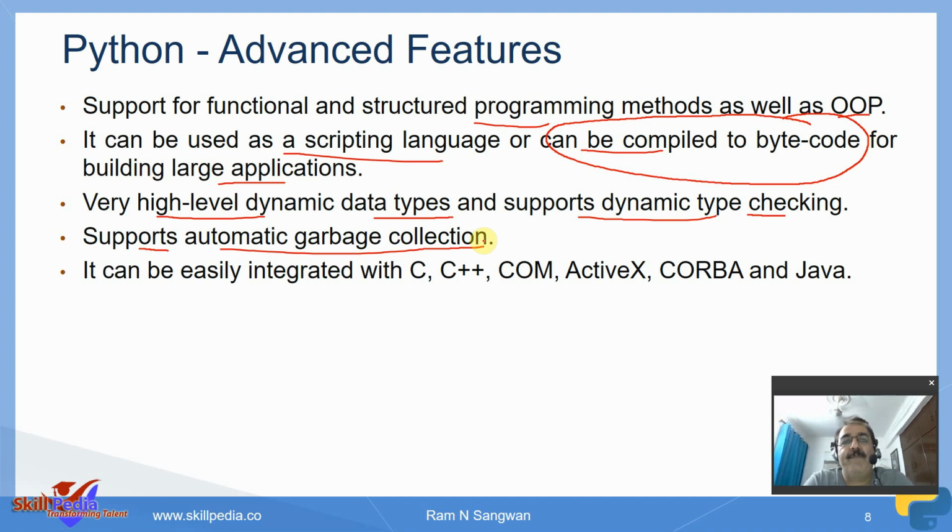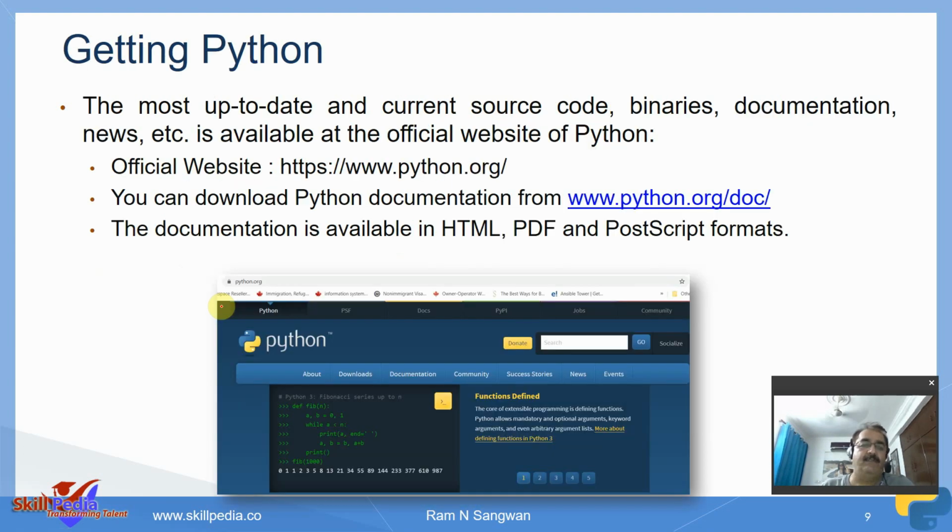That's called garbage. So it can collect those unused memory areas and put them back into available memory. It can be easily integrated with C, C++, COM, ActiveX, CORBA and Java. Any other language actually, you can integrate Python with that.